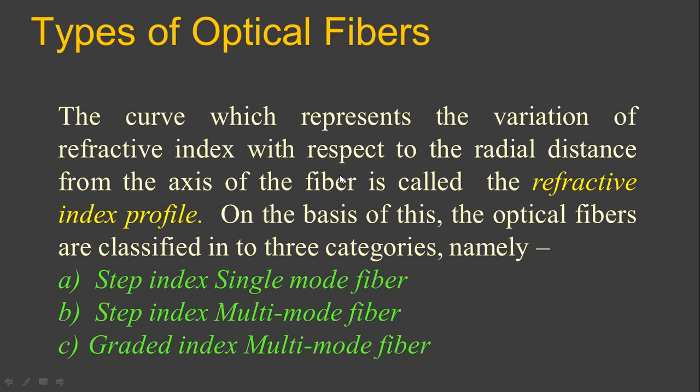That means as you are coming outside from the axis of a cable radially, the refractive index of the optical fiber changes, and how it changes is called the refractive index profile.